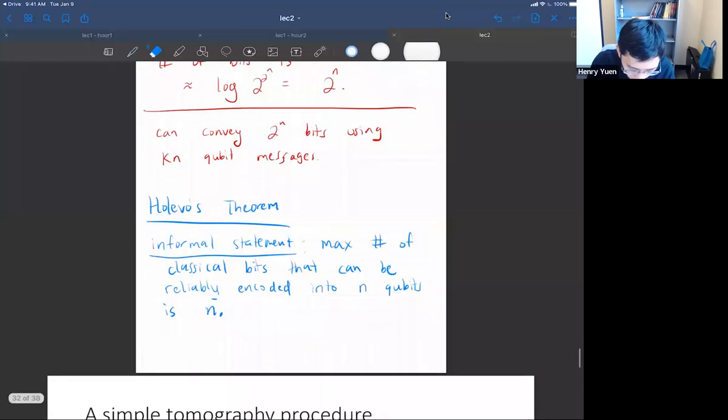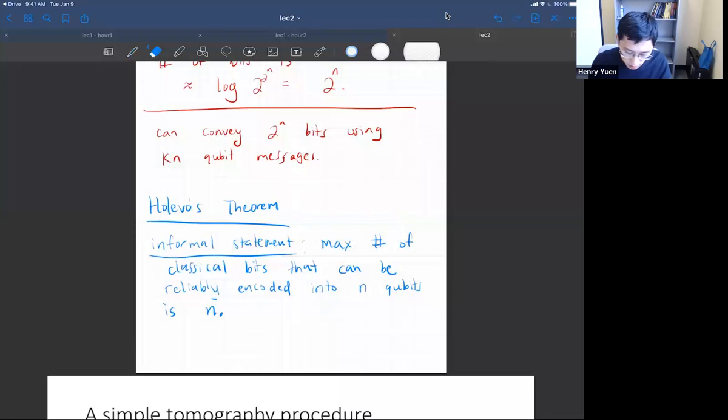Which is a striking statement, at least when it was first discovered, because you think n qubits, well, this is a 2 to the n dimensional vector. Why can't I store 2 to the n classical bits in it? You can try, but because of measurement and things like that, you won't be able to recover the information you want. And Holevo's theorem formalizes this.